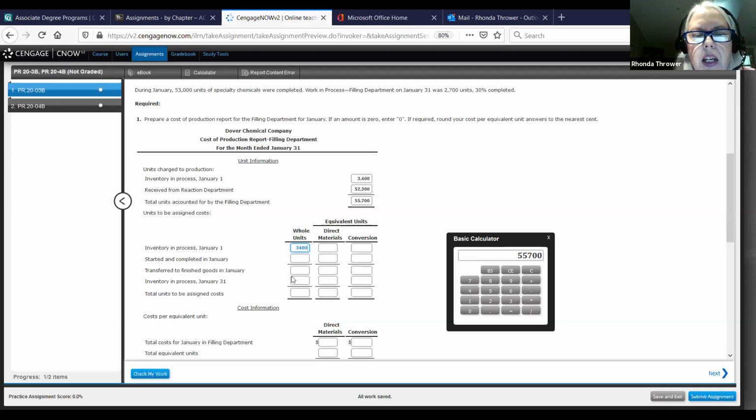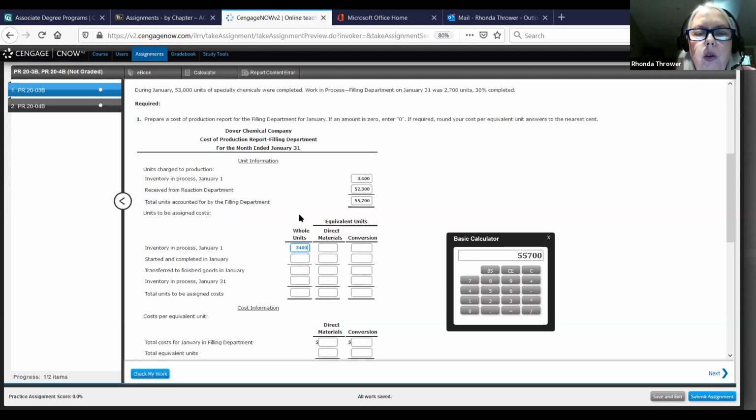So just fill in the information that was given or that you know about first in the whole units. And then you can work backwards to find the missing amounts. So what we do know about our whole units is that we had beginning inventory units of 3,400 units. That was given to us.